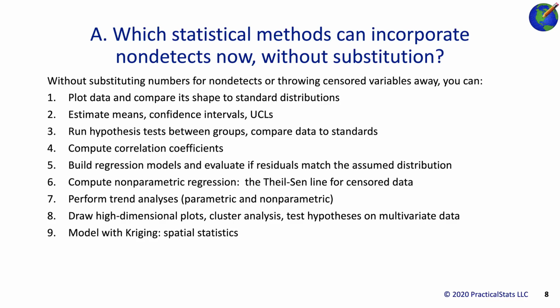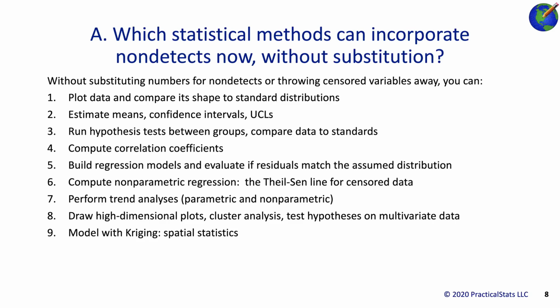You can compute correlation coefficients, build regression models, build good models because you evaluate whether the residuals from the regression model match the assumed distribution. Many regression procedures assume a normal distribution.